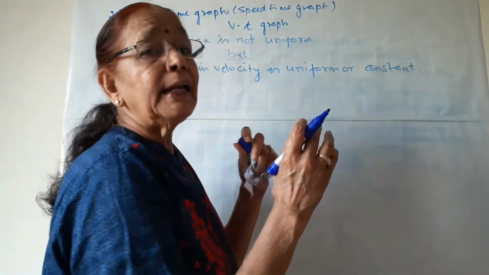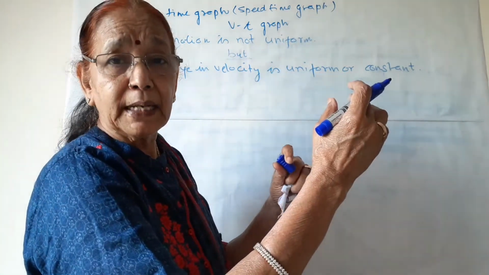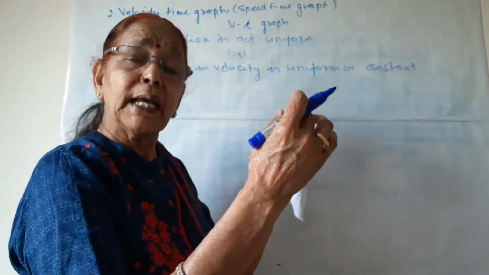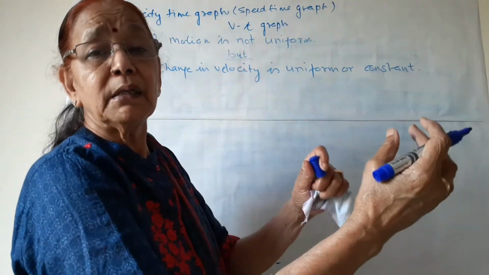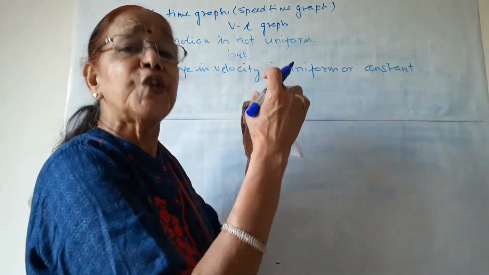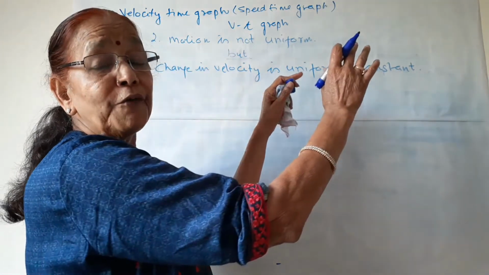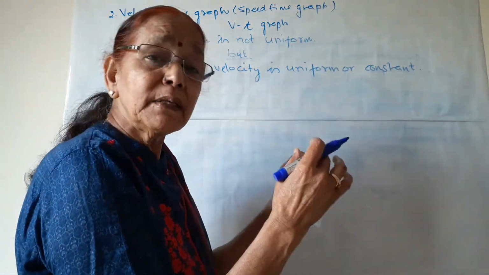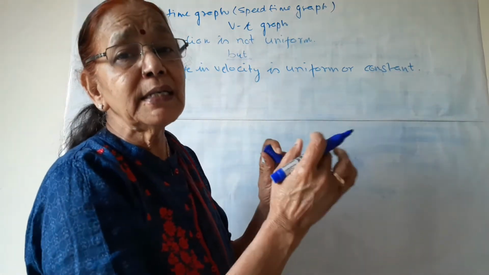In the first second, it is changing from 10 to 20 meters per second. In the second second it changes from 20 to 30 meters per second. The velocity is constantly changing, but the change is uniform. In every interval of time, the change in velocity is the same.